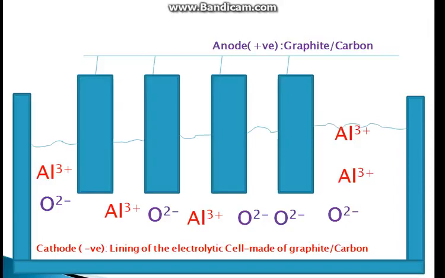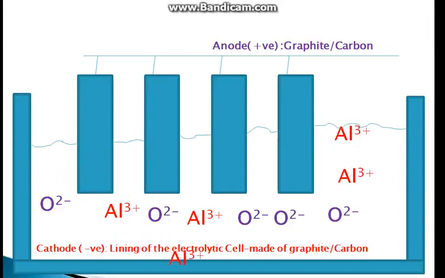When electrolysis begins, aluminium oxide is broken down into aluminium ions and oxide ions, as you can see. Now, as you all are aware, anode is the positive electrode, so definitely it will attract the negative ions, that is the anions. And the cathode, which is a negative electrode, will be attracting the aluminium ions since they are the positive ions.